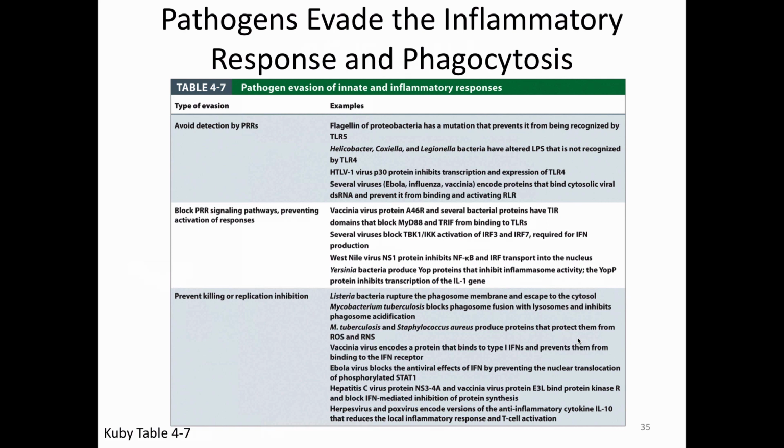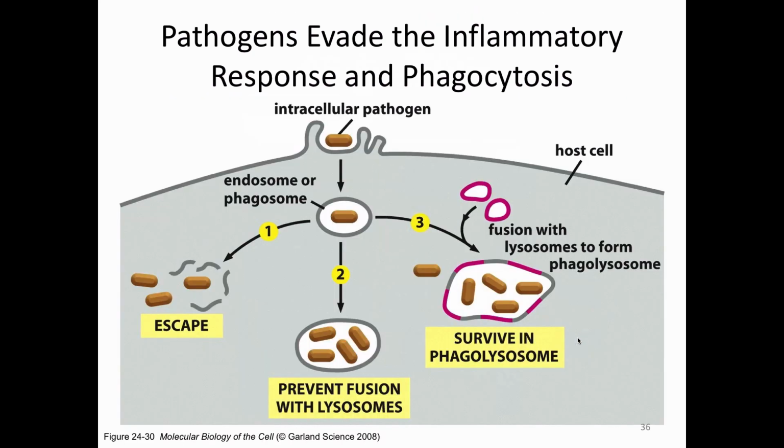And then we can see some other ways that microbes are able to prevent being killed here. I'm just going to show you, the last thing says, prevent killing or replication. This is that same thing shown in picture form. So there are some microorganisms, the most famous example here being Listeria monocytogenes.